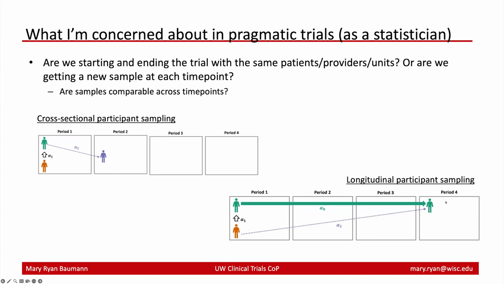Usually we have one population, we're just going to follow them the whole way. But you could also have a setting where you're doing cross-sectional sampling throughout the trial. So you're kind of capturing who those clinics serve at a particular time point, and then continually observe that clinic with new sets of patients at each time point.